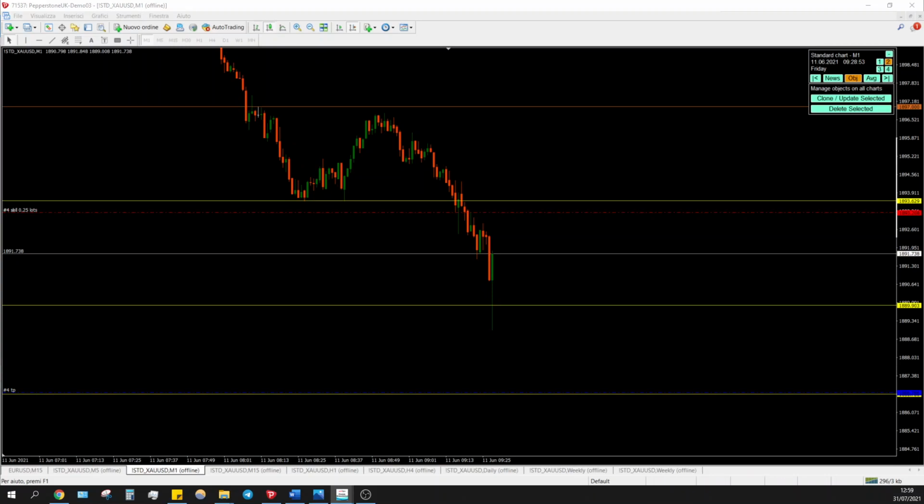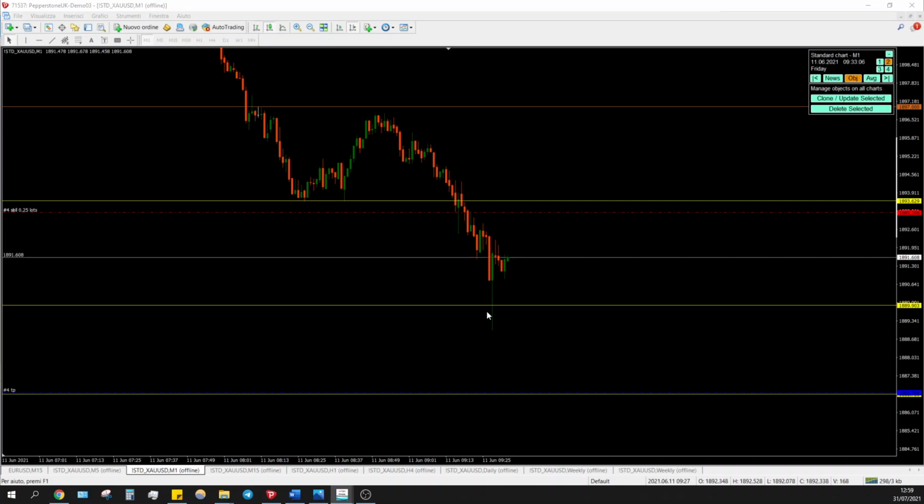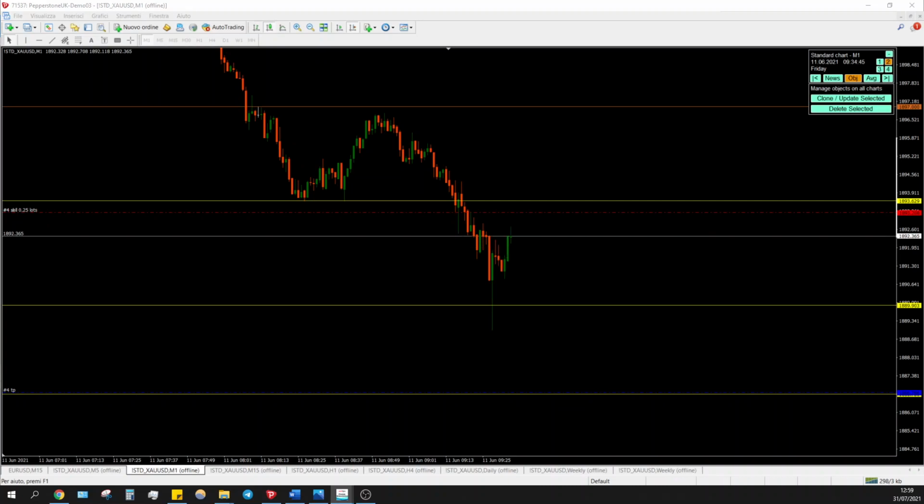We are still in pre New York, but as you know, we are with 25% at break even, so we're not bothering if we get stopped out. This was a huge reaction. Let's see if we're getting stopped out at break even. We don't move the stop loss. We don't care.